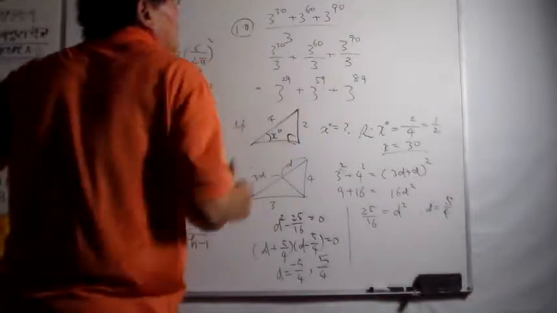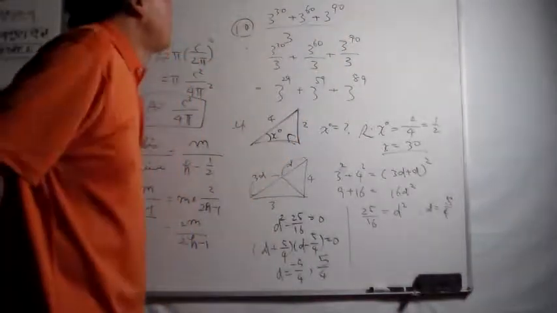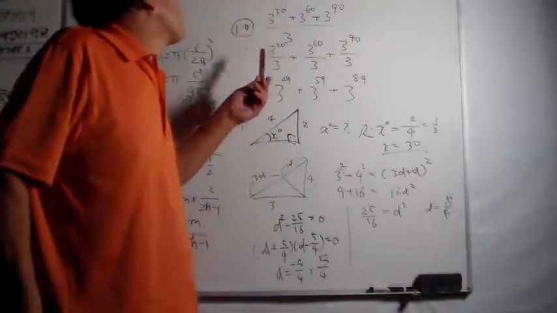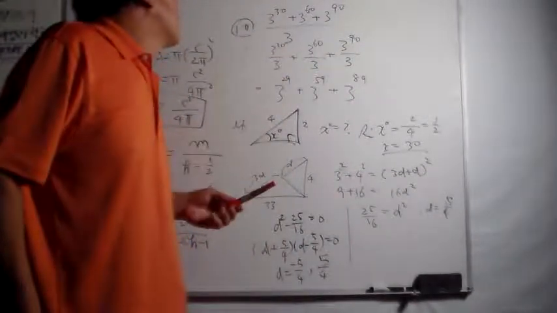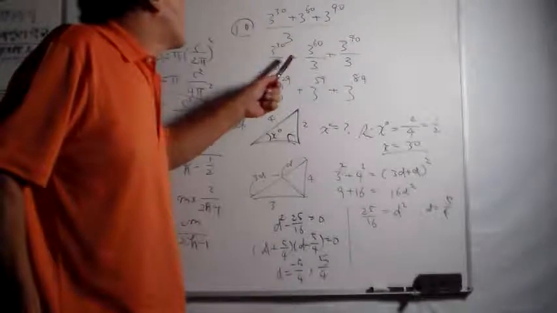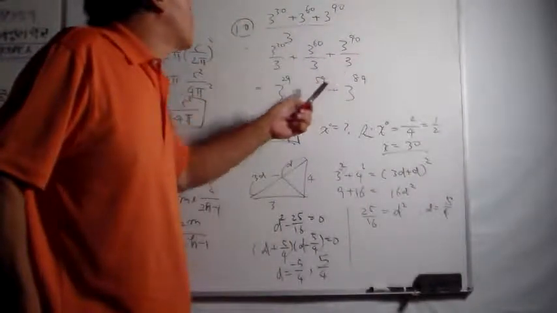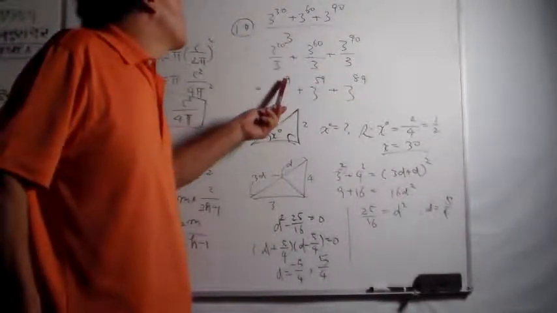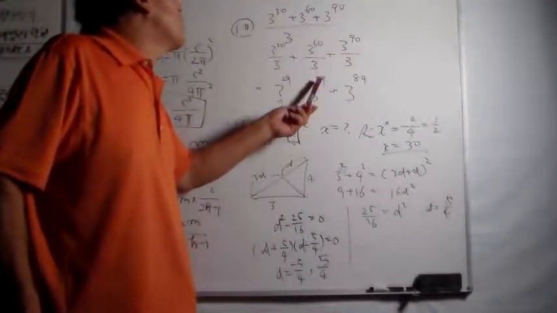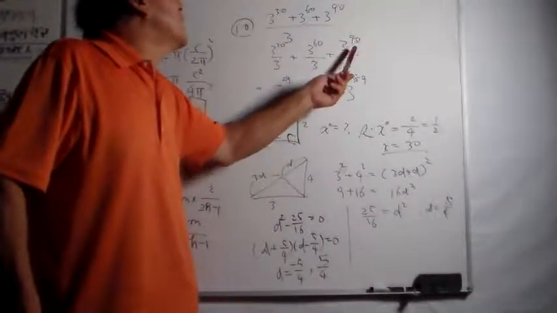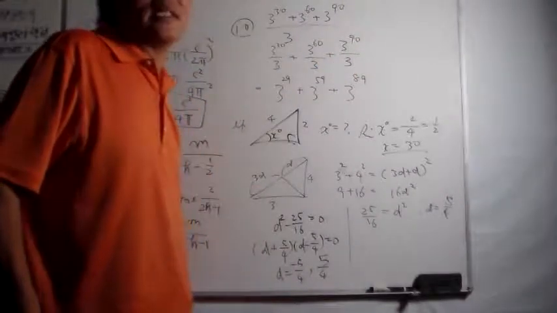So 3 to the 3rd power divided by 1, with an invisible 1 right there, and there, and there. So 30 minus 1 is 29, plus 60 minus 1 is 59, 90 minus 1 is 89.